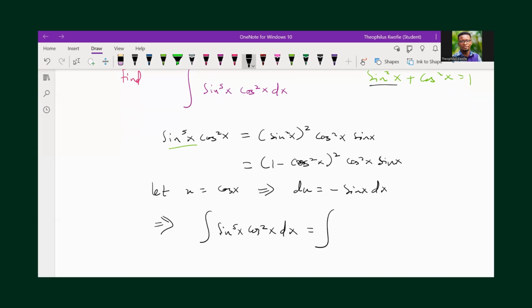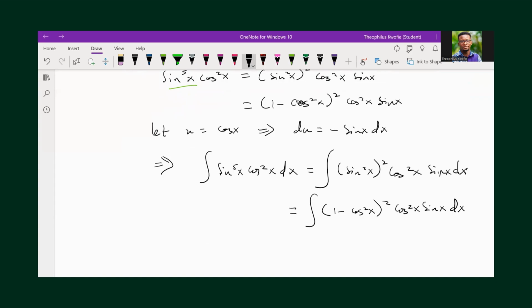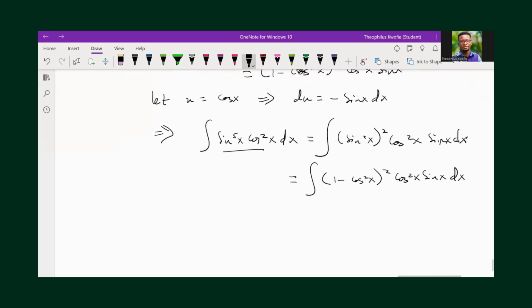Just for a better understanding, let me repeat certain things so that everybody would benefit. It's just a repetition, because we've already simplified the integral, and that's the simplification that we did earlier on.